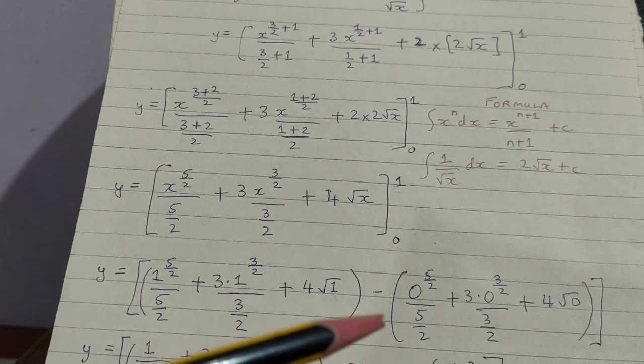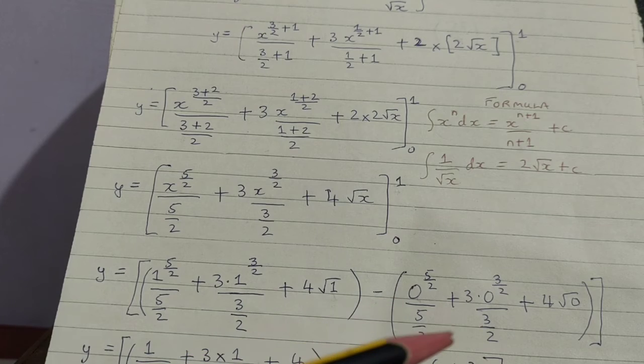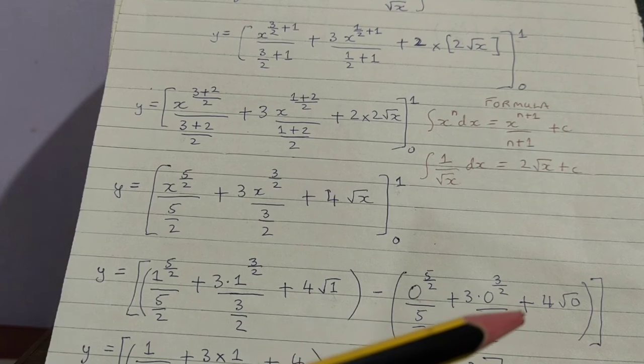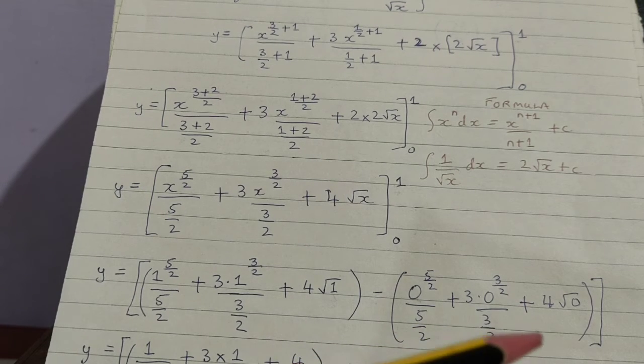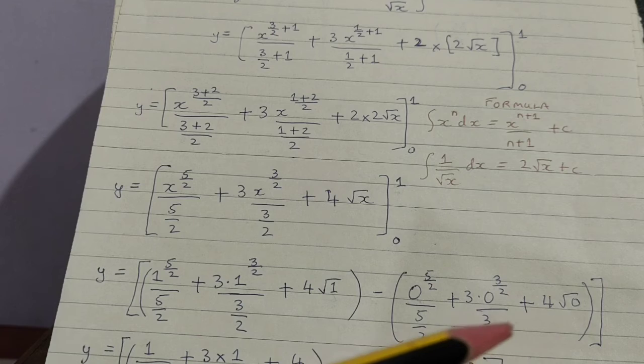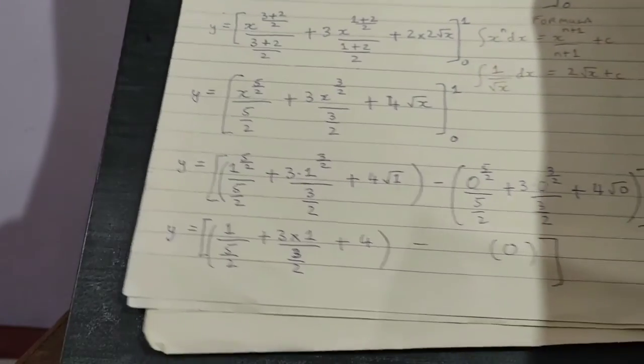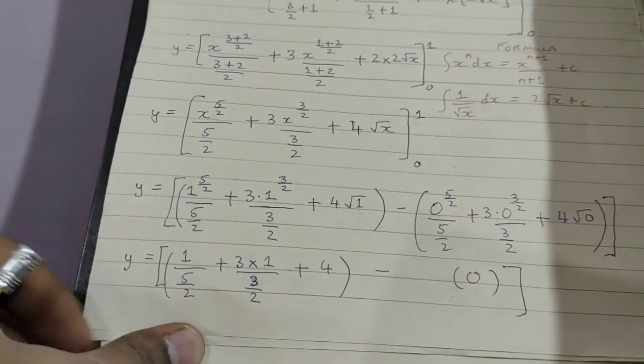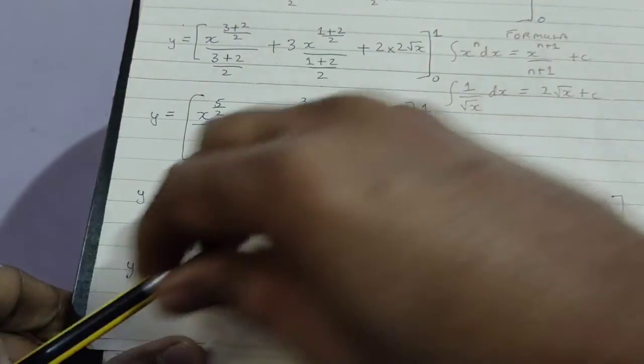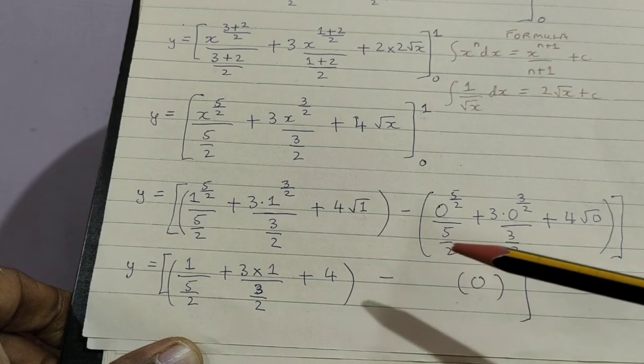So instead of x you are putting 0. Here also 3 into 0 raised to 3 by 2, and plus 4 square root of 0. This whole term will become 0.